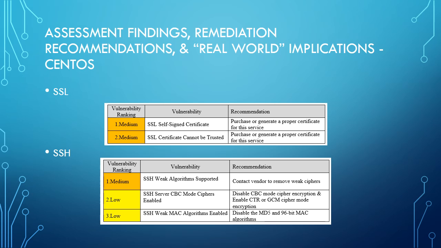So the remediation is to remove the weaker algorithms and enable the stronger ones, and I've listed the particular methods there. Real world implications are the weaker the algorithm, the easier it is to break them. So it takes less time, less computer resources, and there's more known vulnerabilities against them.